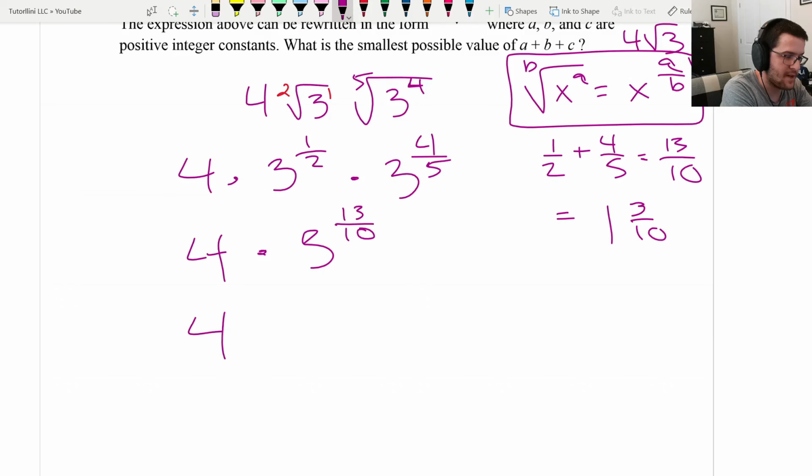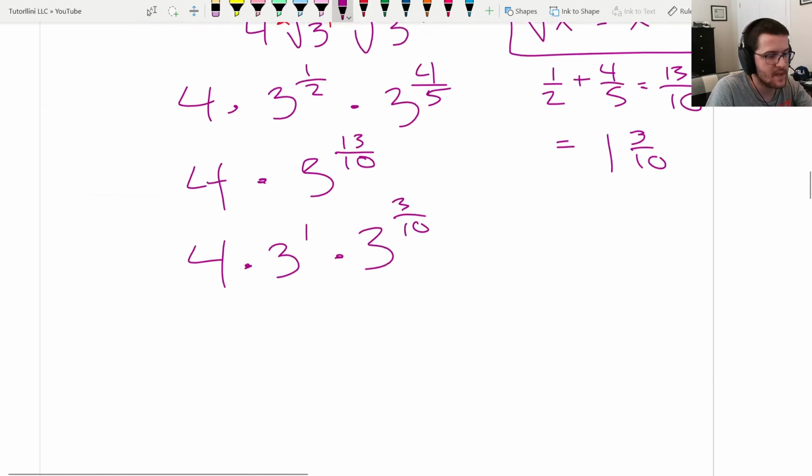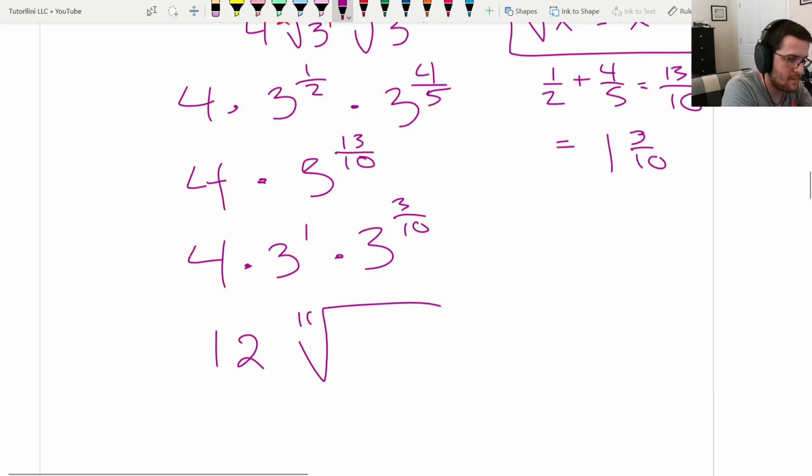I'm going to use that to split it up. So watch, 4 times 3 to the 1 times 3 to the 3/10. So now we get 4 times 3, that's 12. And we're going to rewrite this guy using a root. Remember, the number on the bottom is the root, so this is the 10th root of 3, and the power is on the top.